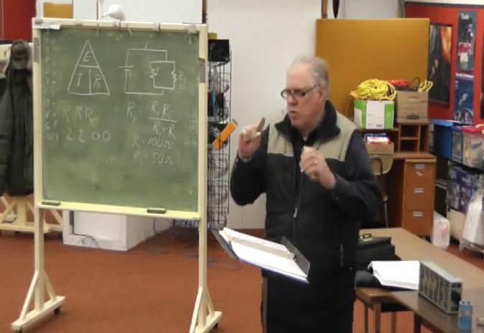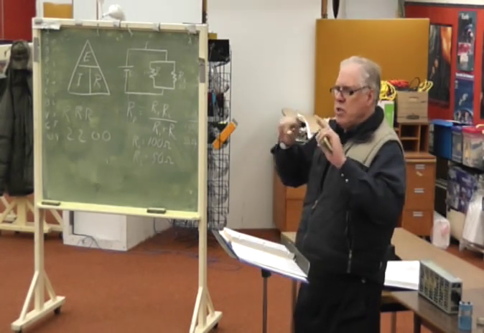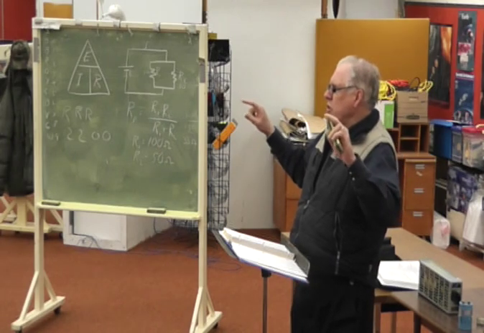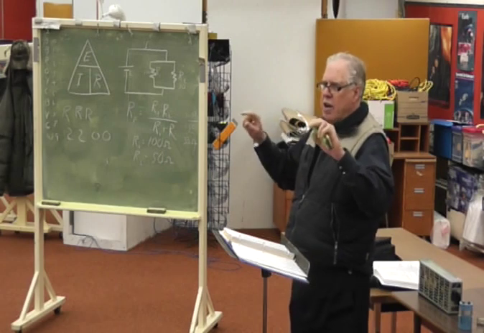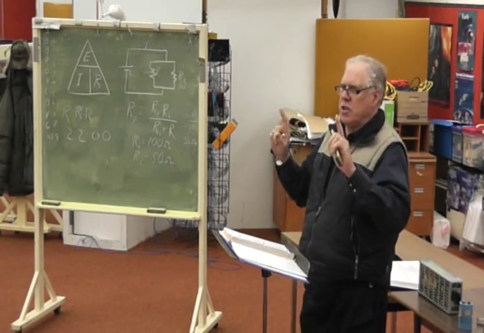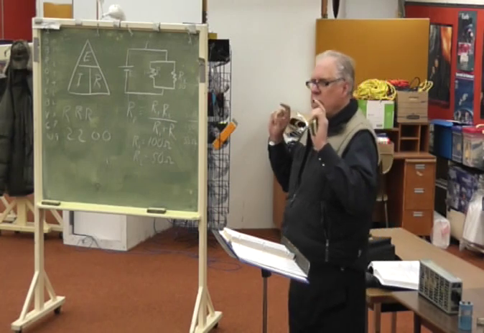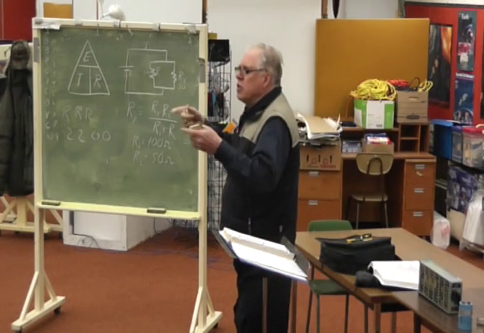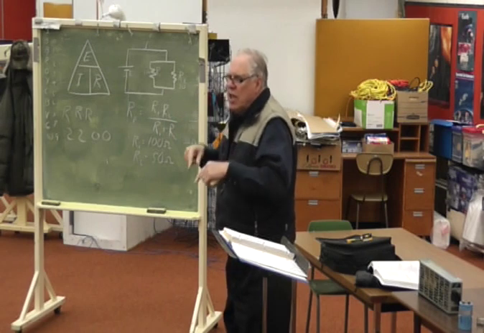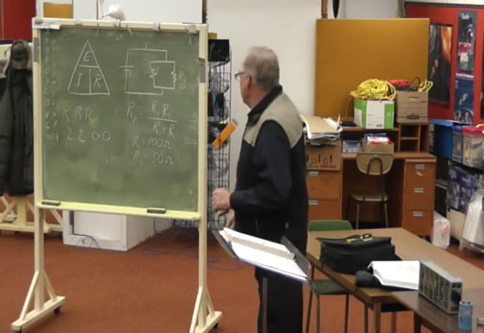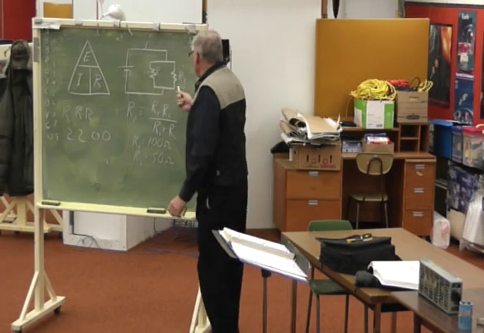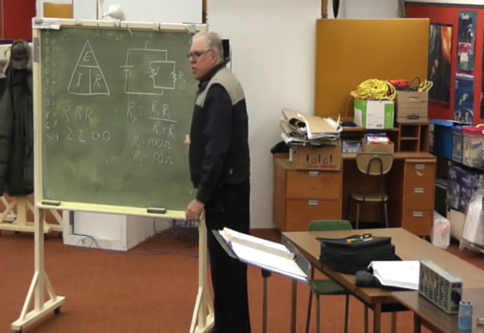Okay, just a quick thing here. When you have resistors in series, the total resistance is always higher than either of the resistors. When they're in parallel, the total resistance is always lower than either of the resistors. So 100 and 50 end up with 33 ohms.